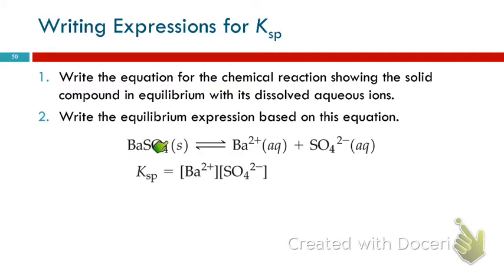Barium sulfate solid dissolves to form barium ions and sulfate ions. KSP is equal to, same thing as for the equilibrium constant, barium concentration times the sulfate concentration. We don't divide by this because it's a solid. Solid concentrations don't change, and so we leave them out.